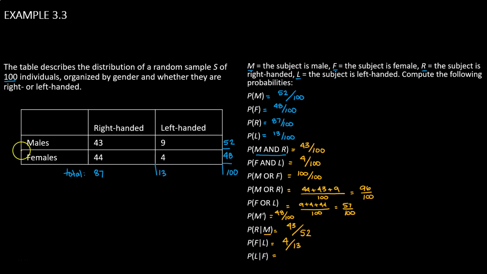Well, this time we're shrinking our sample space to talk only about the females in the study, nobody else. Our sample size is now 48. We need to count, of those 48 females, how many of them are left-handed? There are 4. So the probability that we randomly select a left-handed person, given we know that they are a female, is 4 out of 48.